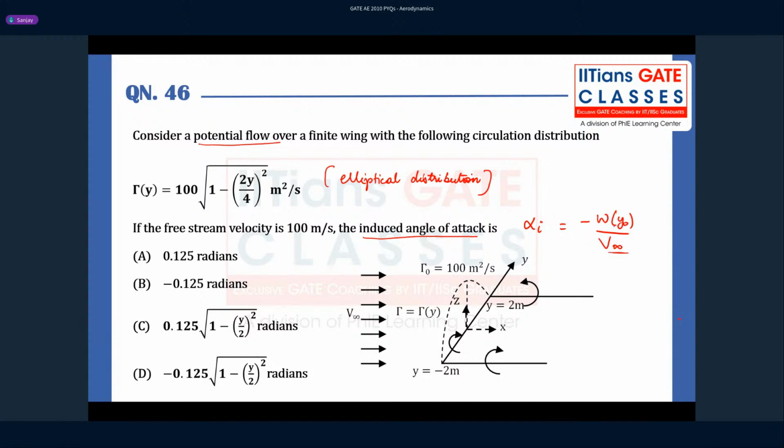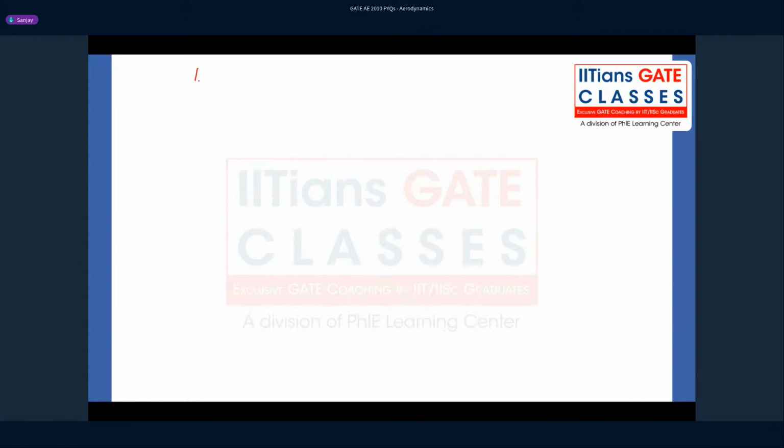So how will you find the downwash? For that, you have to go back to your LLT. Okay, what is LLT? LLT is the lifting line theory. If you look at John D. Anderson, Prandtl's lifting line theory, you will find out that it has proper steps on how to arrive at different geometrical parameters of the wing based on lifting line theory.